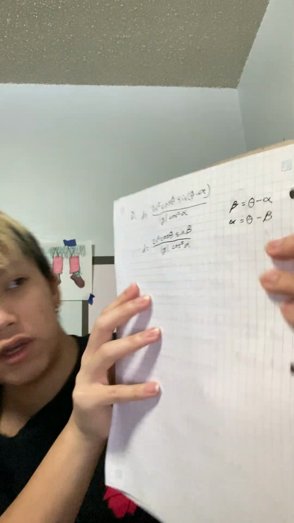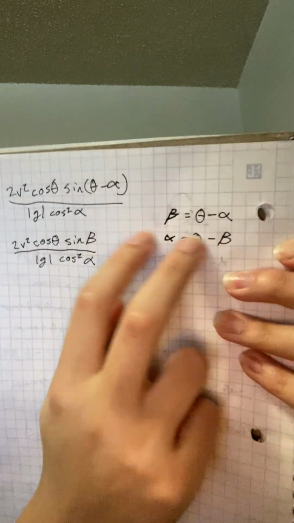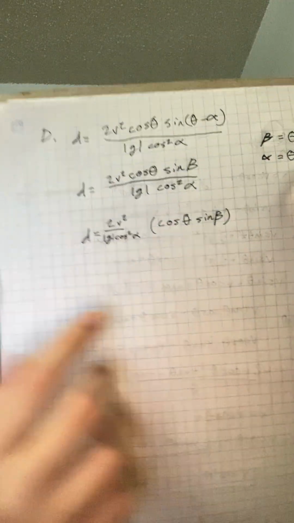And at this point, you can pull out cosine theta and sine of beta from the fraction: d equals 2v squared over the absolute value of g times cosine squared alpha, times all of that times cosine theta sine beta, shown here.